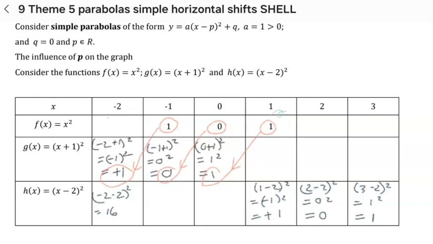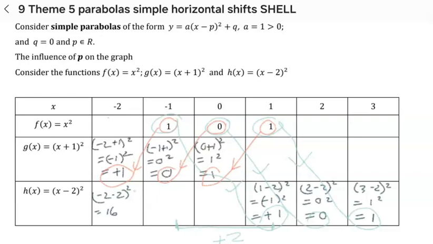So in this case, what happens now at 1 happened at minus 1 before. And what happened at 0 before now happens at 2. So these values here are the same, and this value and that value is the same. So we see that in this case we've moved from there to there, so that is 2 units.